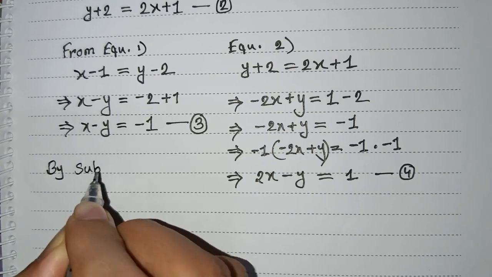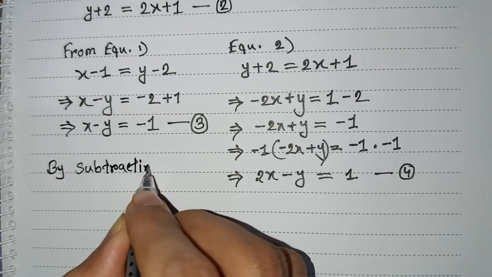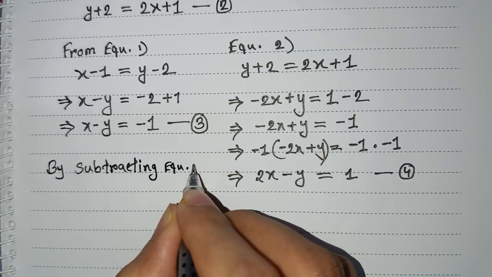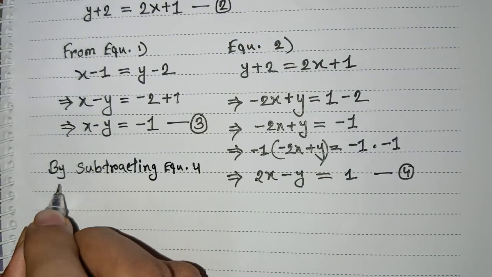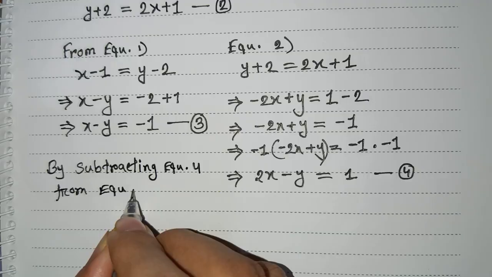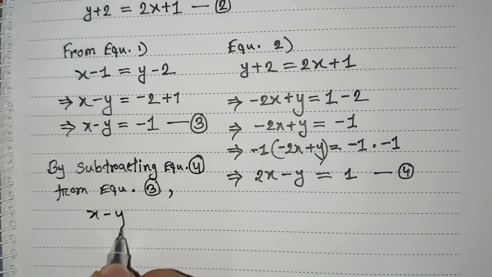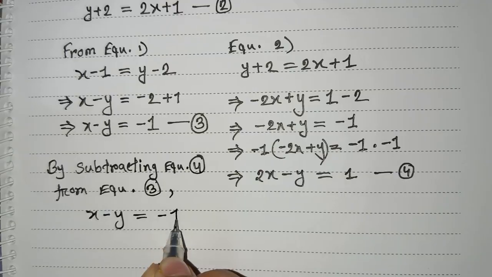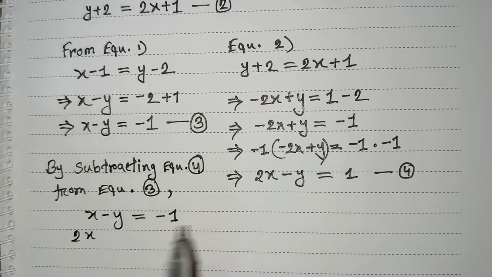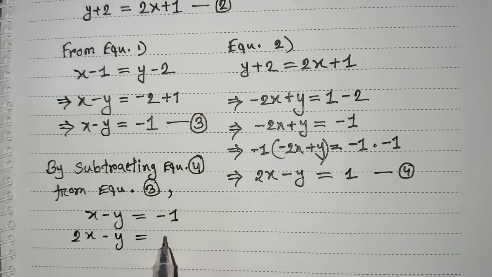By subtracting equation number 4 from equation number 3, x minus y equals minus 1, and here 2x minus y equals 1.